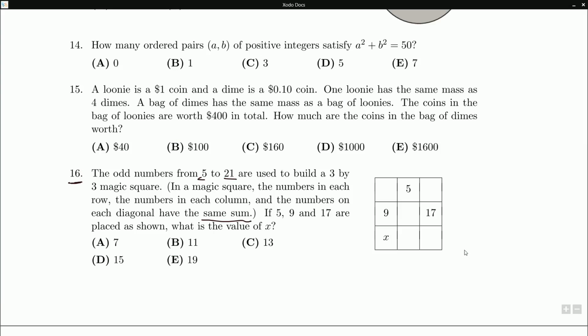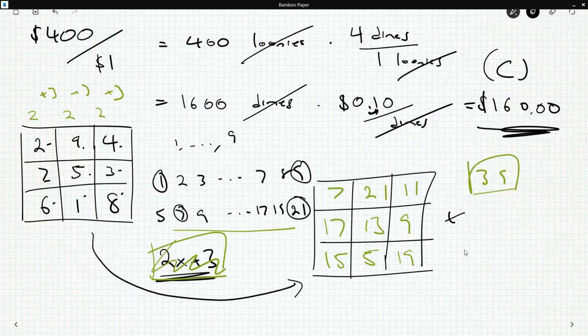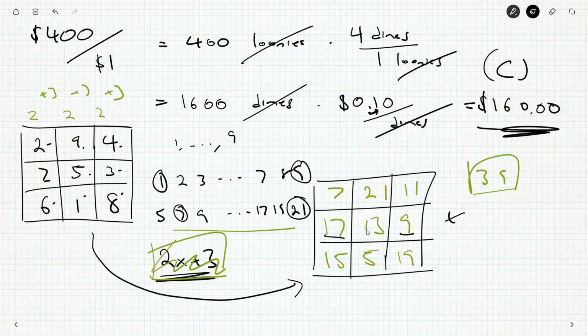Now, what's the magic square that they're giving us? Well, there's a 5 here, 17 here, and a 9 here. How does that compare with ours? Well, we got the 17 and the 9 in the right spot, the 5's in the wrong spot, so I have drawn sort of the mirror image, and I can correct this.